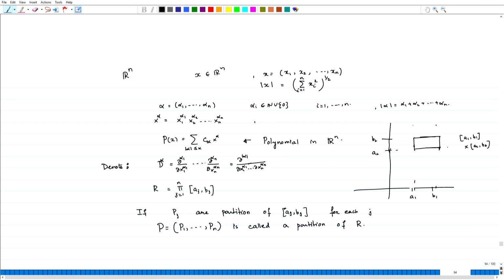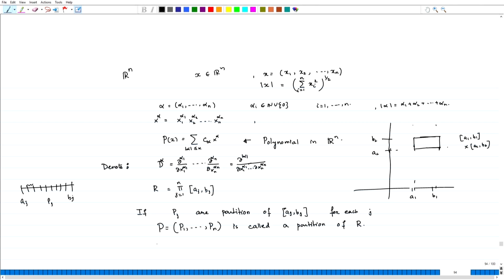Okay, so now in the partition we have subintervals, because suppose this is [aj, bj], then this is the partition we are considering, the Pj. Now, these subintervals are going to be for each j.